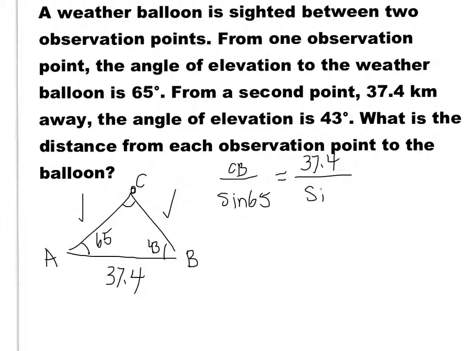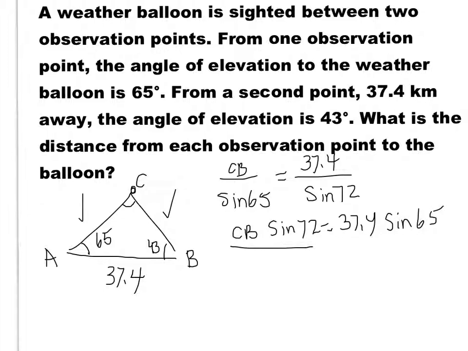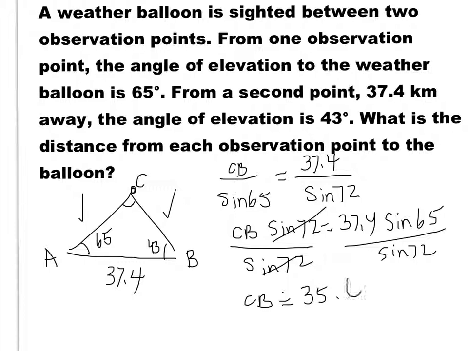So I can write sine 72. Again, I'm going to crisscross. I'm going to get CB times sine 72 is 37.4 times sine 65. And I'm going to divide by sine 72, and I'm going to get CB is approximately 35.6. Is everybody okay? Beautiful. So everything is okay now.